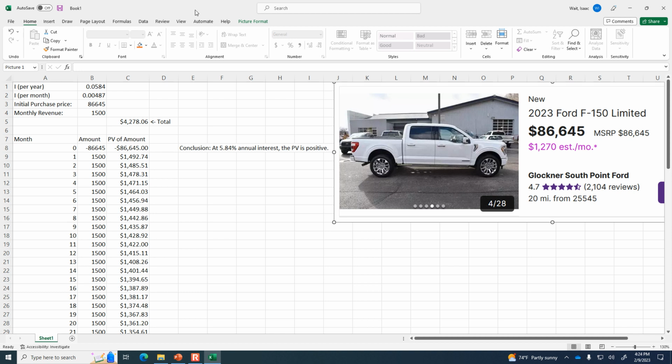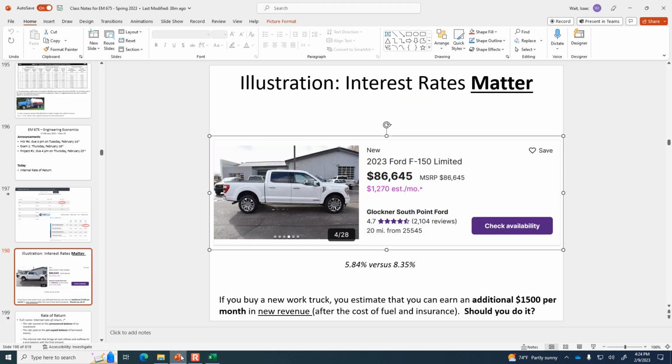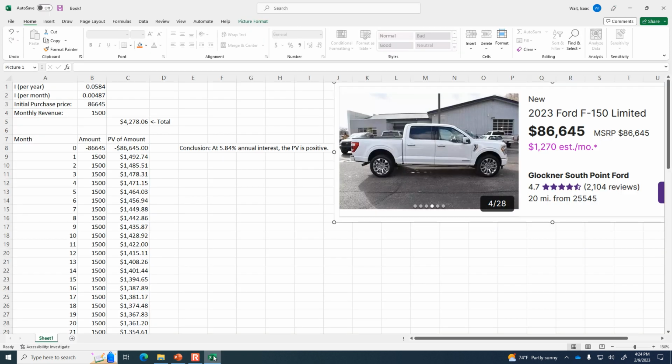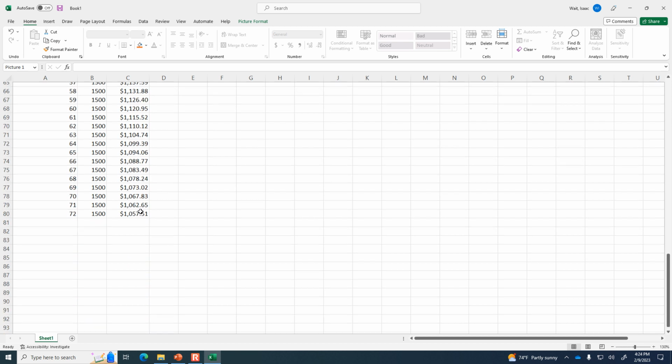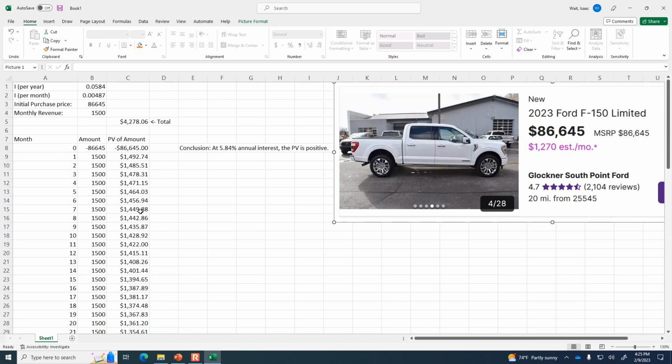Now, when I change to the other interest rate, when I change to 8.35, think about what it is doing to the revenue. If it's 8.35, those future revenues are being discounted more aggressively. So the cost is the same, but the revenue that you're making over time doesn't have as much present value to it.